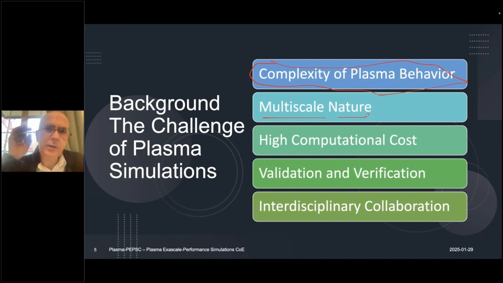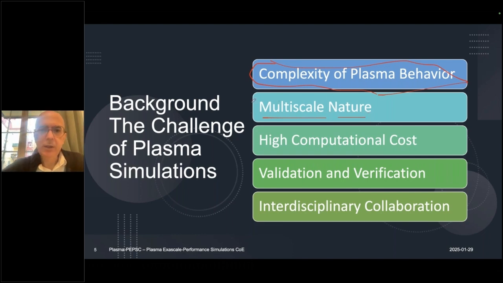So phenomena that are born very local, very, very small, are capable of affecting the whole global scheme. So we want to model the whole global system, but still we need to make sure that we can capture the birth of these phenomena at a very small scale.